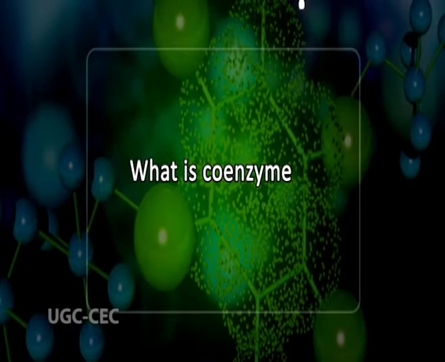In this e-lesson, we will discuss the structure, function, and reaction mechanism of coenzyme pyridoxal phosphate, folic acid coenzyme, B12 coenzyme, and we will also discuss the deficiency diseases of pyridoxal, folic acid, and cobalamin, the precursor vitamins of these coenzymes. Now, what is coenzyme?